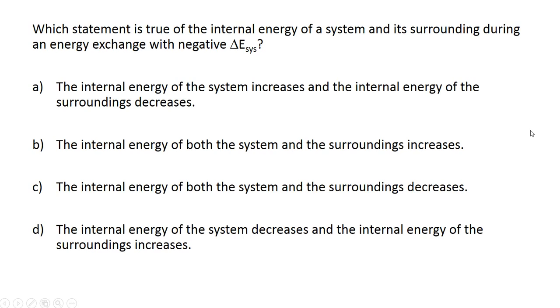You can stop the video and think about the answers. In this case, the internal energy of the system decreases and the internal energy of the surrounding increases. Because if one is positive, the other should be negative. So we need to take note of this, and we need to take note of this question specifically.